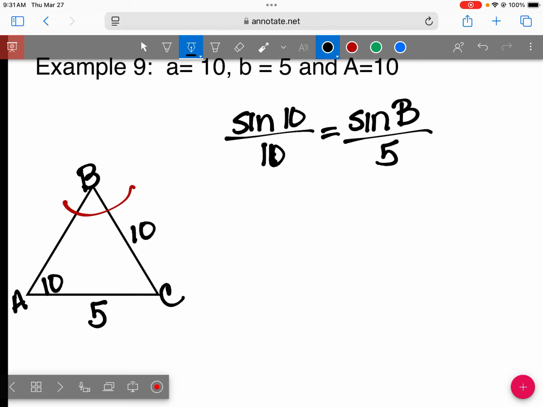So go ahead and cross multiply, just like we did in our last example. I'm not going to show my work. Feel free to pause the video at this time so you can solve it and see if you end up with the same information that I have in my parentheses.